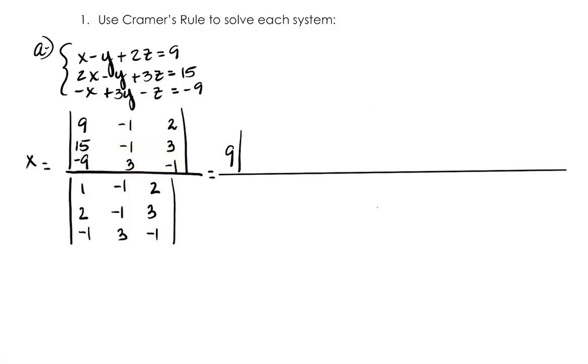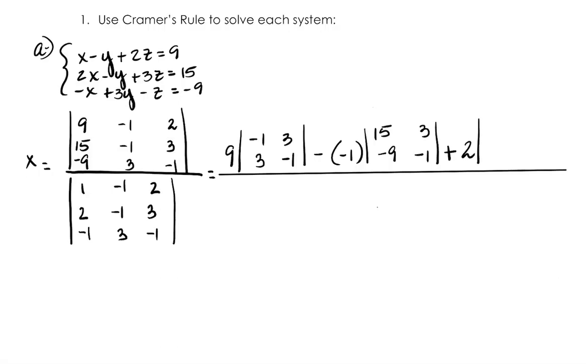So we have 9 times the determinant of -1, 3, 3, and -1, minus our second value, which is -1, that multiplies the determinant of these values, 15, -9, 3, and -1, plus our third value, which is 2, times the determinant of these four values, 15, -9, -1, and 3.